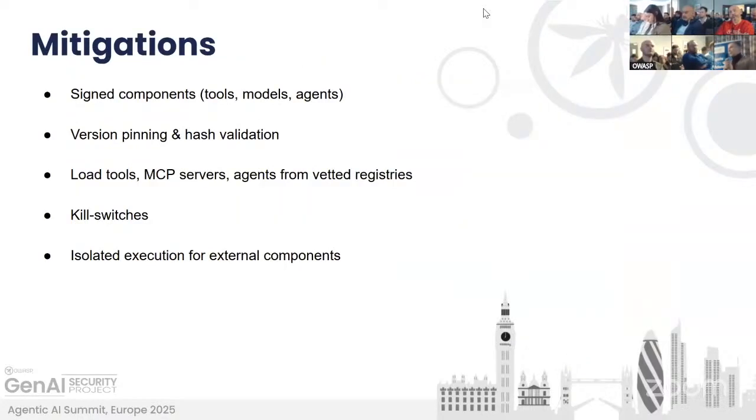For the mitigations, the agentic supply chain is of course based on traditional security measures. On top of that, something you can add to protect your system is to use signed components like MCP servers or agents, and not only verify them at build time, when you statically prepare the system to be run in production, but it's recommended to do it at runtime as well because of the dynamic nature.